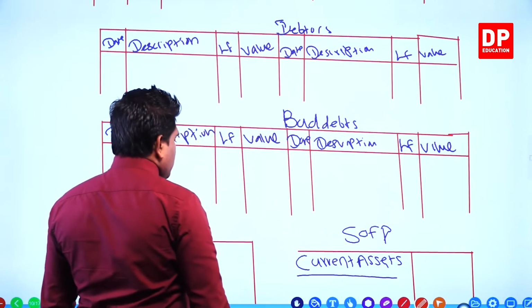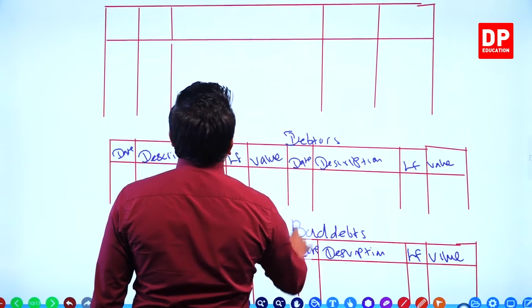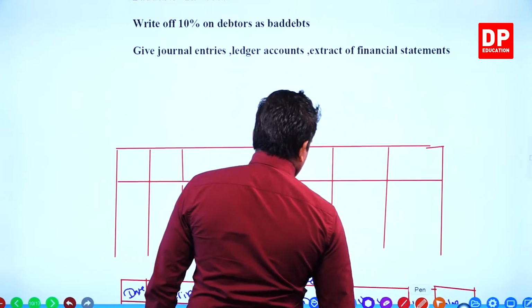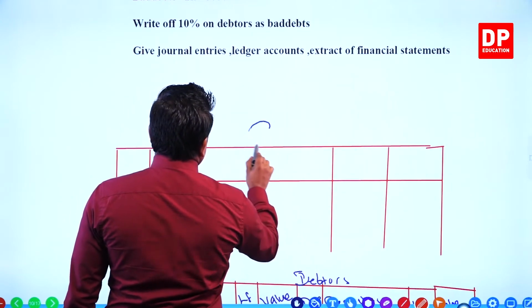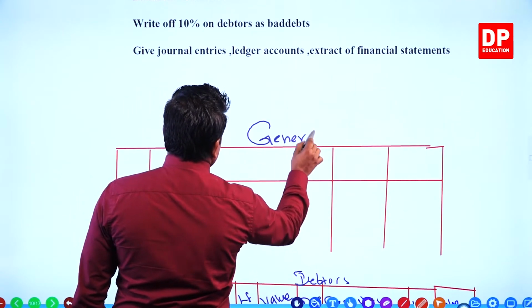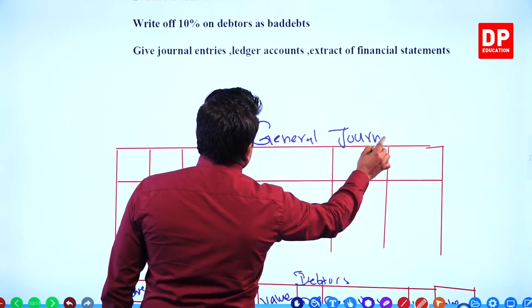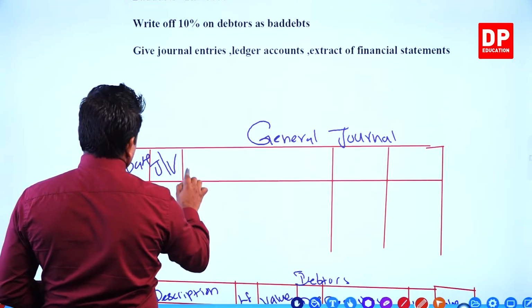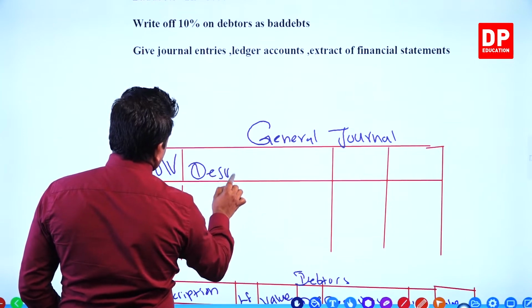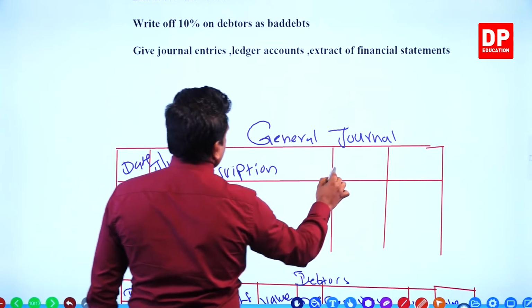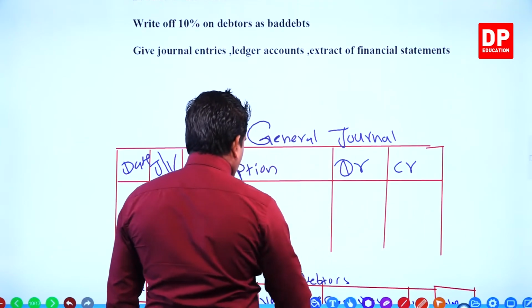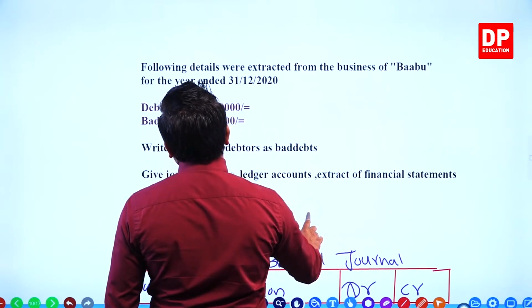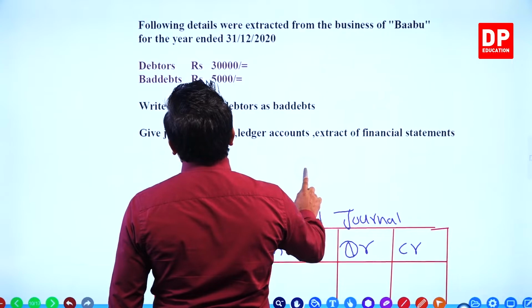Okay. Now the question gives us the debtor value. We write the debtor value in the relevant debtor account. How much is the debtor value? 30,000, right? Bad debts amount is also given here.